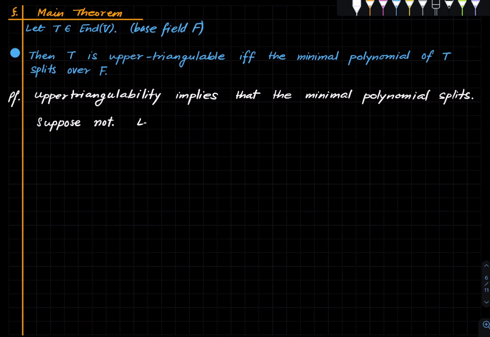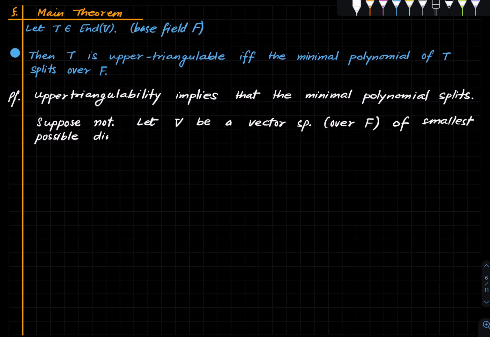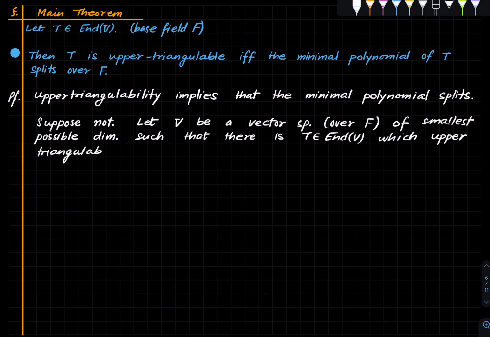So the statement that I want to write is, so let V be a vector space over F of smallest possible dimension such that there exists an endomorphism T on V which is upper triangulable, but its minimal polynomial, let's call that m_T(x), does not split over F. So this is immediately by our assumption that the claim is false.